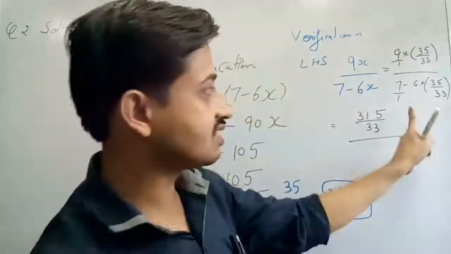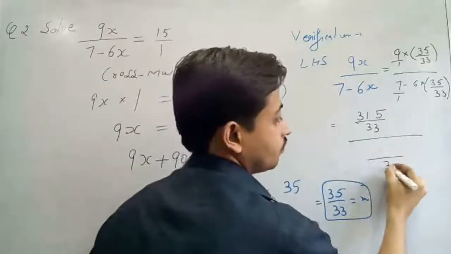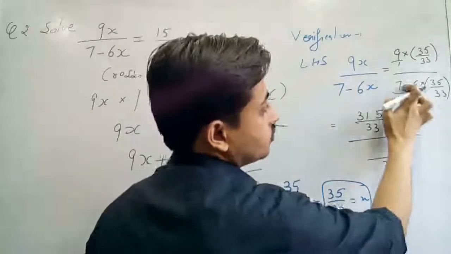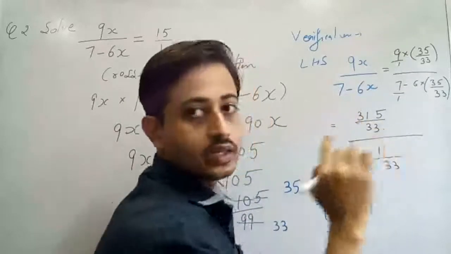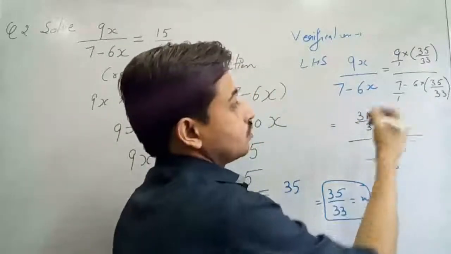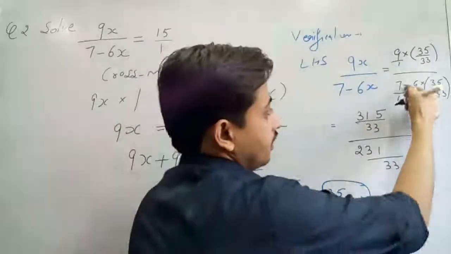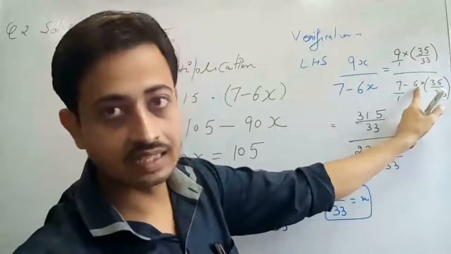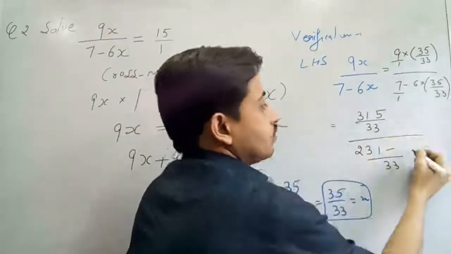I am going to take LCM. 33 and 1 LCM is what? 33. Now do cross multiply. 33 into 7, what we will get? 7 3s are 21, carry 2. 7 3s are 21 and 2, 23. So 231. Now negative and 1 is multiplied with this. 1 into 6, 6, and 6 is multiplied by 35. 6 into 5, 30.